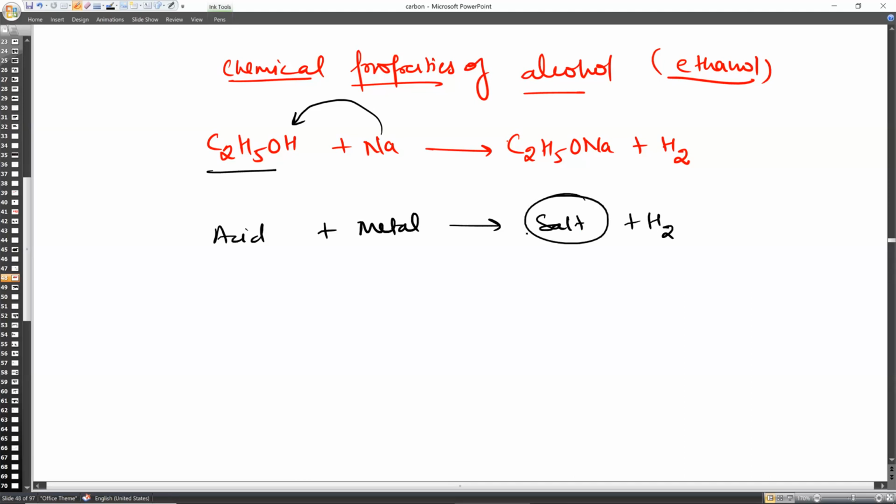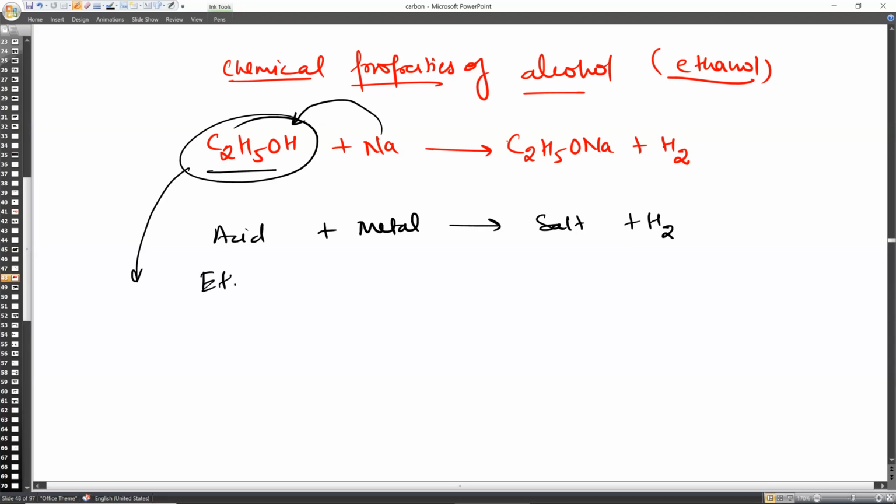So this property is similar to that of acids, but ethanol is not considered as acid. Why? Because ethanol, when added to water, does not dissociate the H plus ions. Are you getting my point?